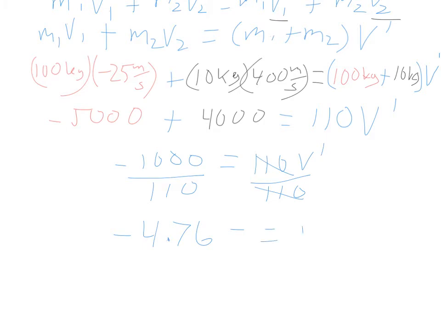And since that is the velocity of the cannonball and radioactive man afterwards, the units are meters per second. And that negative sign means exactly what we expected, which means that the two of them will move to the left. The negative sign shows me the direction, whereas the scalar part of velocity, that's the speed. All right, next up we'll do elastic collision.